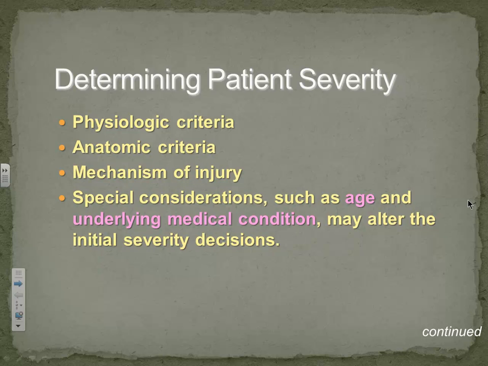They also may have other mitigating problems. They may have heart disease on top of that. They may be diabetic. They may have COPD. So they may have other underlying issues that make it that much worse. So usually if a patient's over the age of 55, we just about double the mechanism of injury for them because their outcome is about twice as bad as a younger person. And then also we want to look at a child.